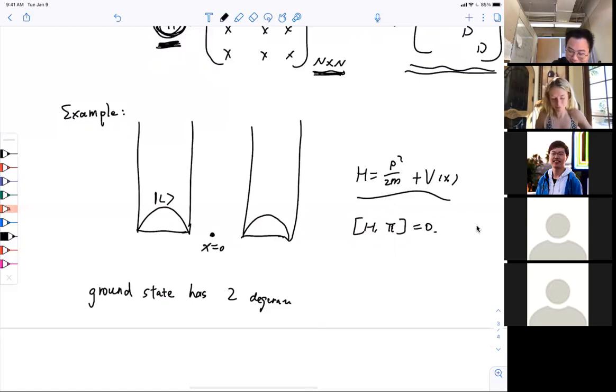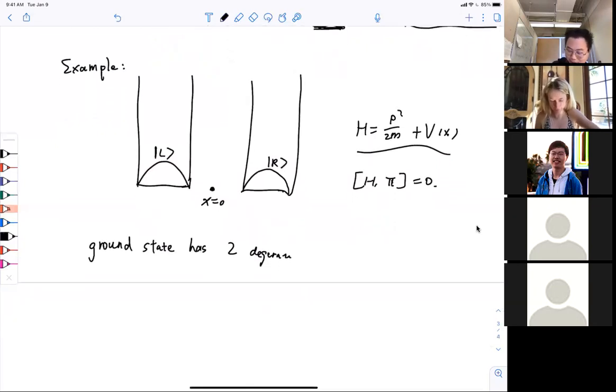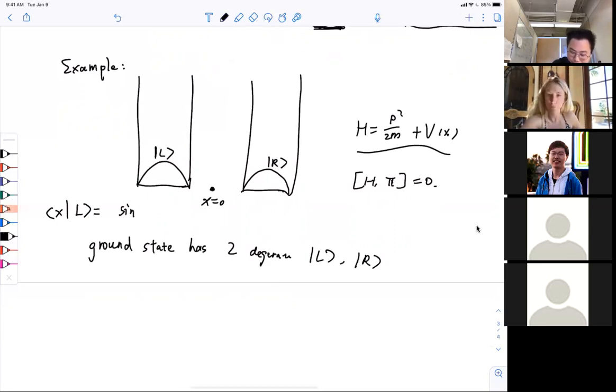Let's denote this ground state as L, this state as R. Definitely this L and R, of course you can write them in some real space representation, right? It's kind of a sign function, but you can write it down by yourself.